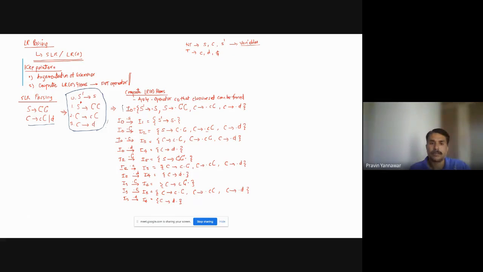These are nothing but the closure sets. Here we apply a dot so that the closure set can be formed. Dot is first applied over the first production, that is S dash implies dot S. Since the dot is applied on S, the S-associated production has to be included.